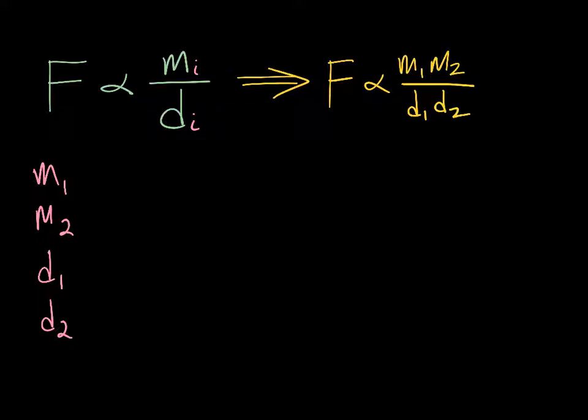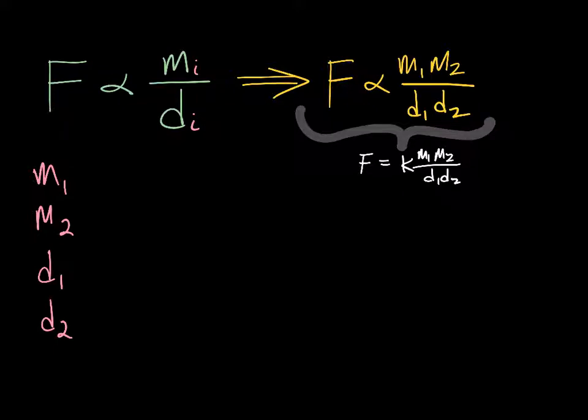Now, normally you would go F equals K times that, and that would be true. So the secret sauce, if you will, this right here is eventually going to become F equals some constant I don't know, mass 1, mass 2, over distance 1, distance 2. We're heading here.